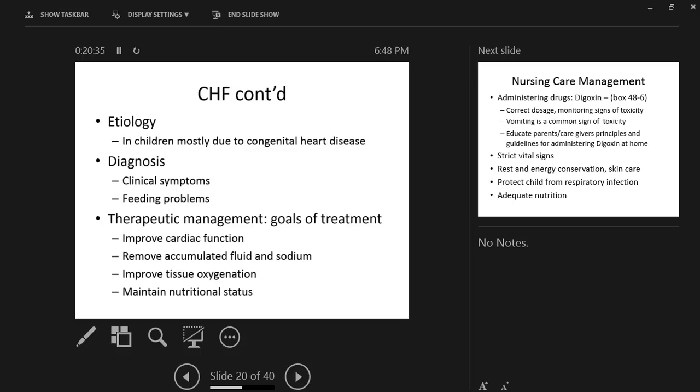We have to remove the fluid and sodium, improve tissue oxygenation, and most importantly, as important as any of those other things, maintain that nutritional status like we just talked about. And we want to make sure that this kid has enough food high in potassium, like bananas, oranges, and leafy green vegetables, or some type of food along those lines.